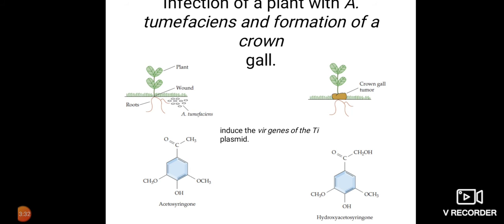But if we are looking for stable transformation, or for developing a completely new plant variety, an individual plantlet, then whatever gene is transferred should get integrated into the genetic material of the plant.